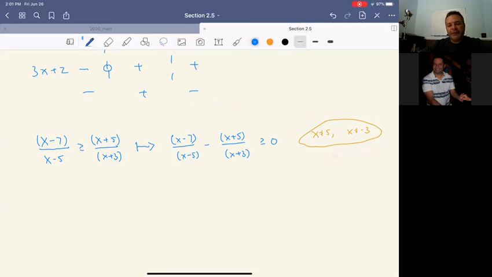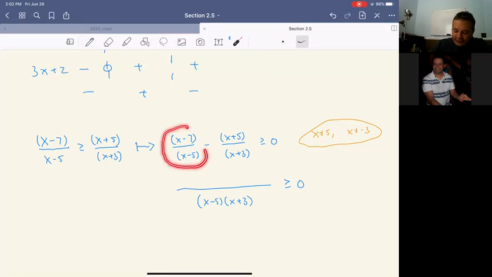Okay? So now, common denominator. What's our common denominator? x minus 5 times x plus 3. Doesn't look like they're going away yet, so that's good. So now, what is missing here in order to get the common denominator? We need the x plus 3 term, right?